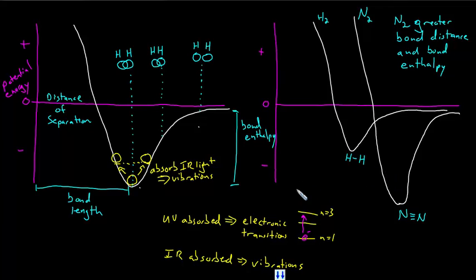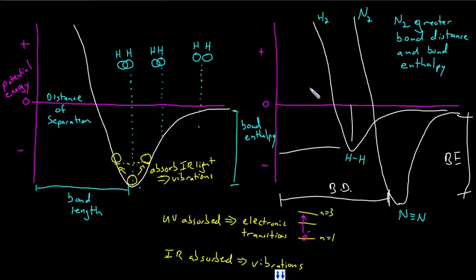But also, we can see that the bond distance of the nitrogen molecule is greater than the bond distance of the hydrogen molecule, as nitrogen atoms are much larger than hydrogen atoms. Nitrogen atoms have 2 shells filled instead of just 1 for hydrogen. So you can see here that nitrogen has a greater bond distance and also greater bond enthalpy than that of hydrogen.